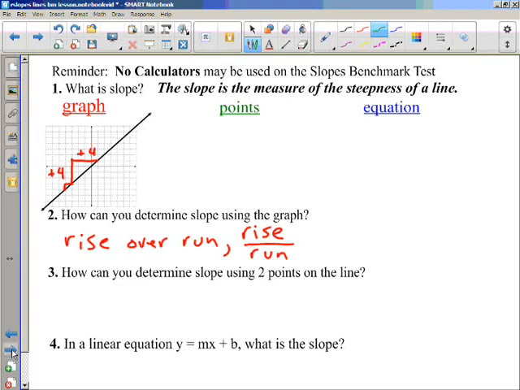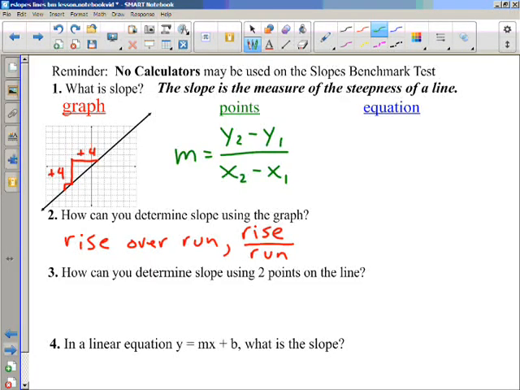How can you determine the slope using 2 points on the line? Well, we would typically find and identify our coordinates as x's and y's and take the mathematical difference of the y coordinates divided by the difference in x's.